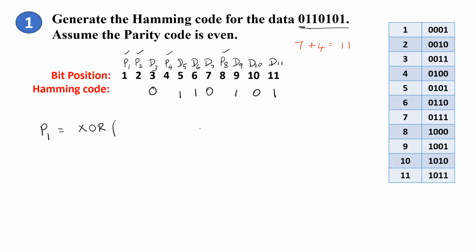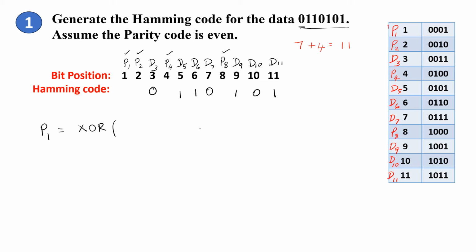The first column gives the bit position 1 to 11, and the next column is the equivalent binary number for the corresponding decimal number. The first bit position, that is 1, is for parity P1, this is for parity P2, this is D3, P4, D5, D6, D7, this is P8, D9, D10 and D11.